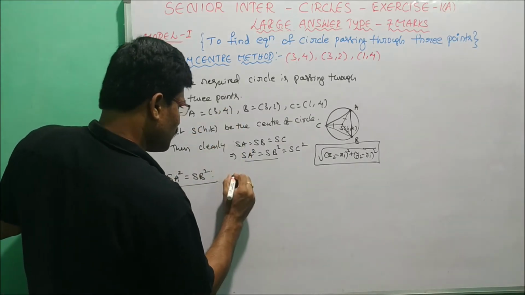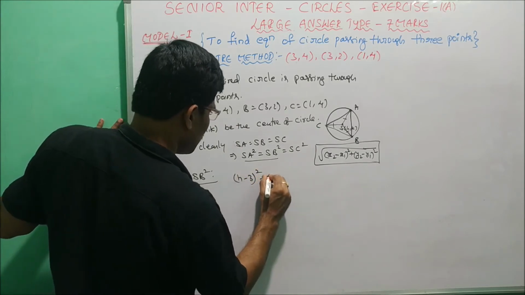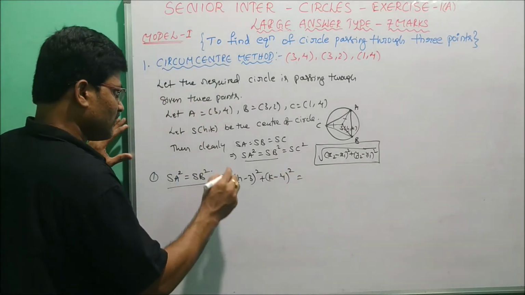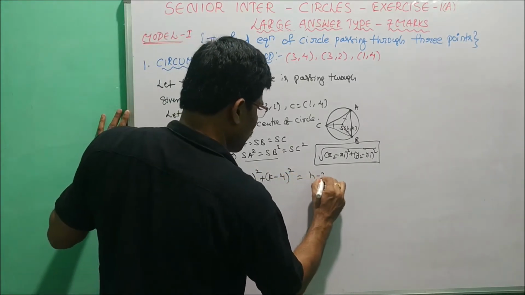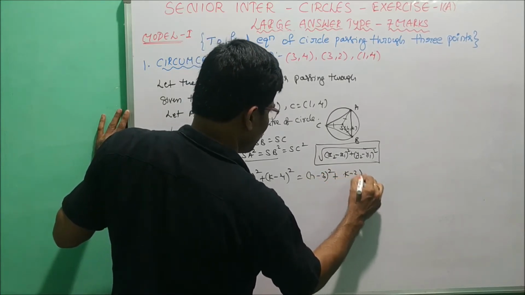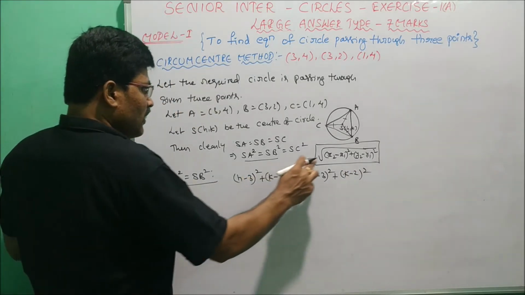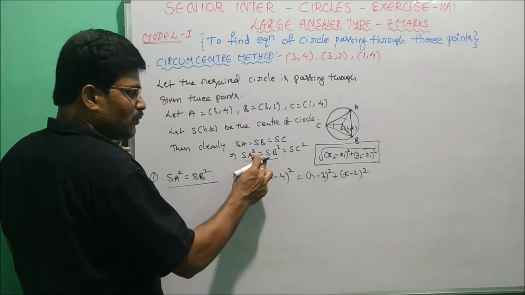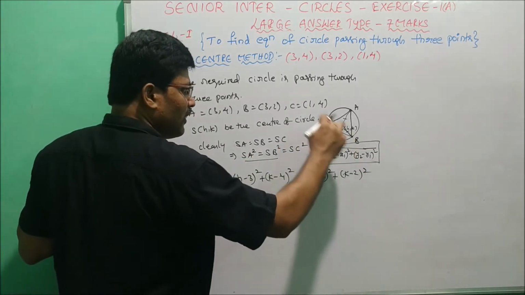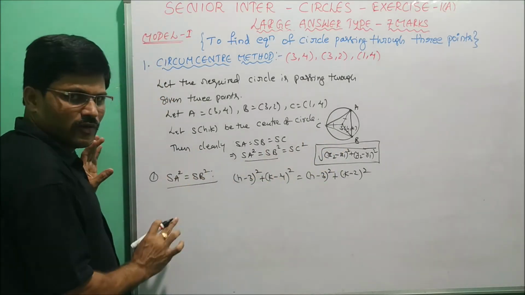SA square means (h minus 3) whole square plus (k minus 4) whole square equals SB square, which is (h minus 3) whole square plus (k minus 2) whole square. Clearly we observe that in the distance formula, already squaring on both sides, the square root will be cancelled, so here we write only the terms inside the square root.